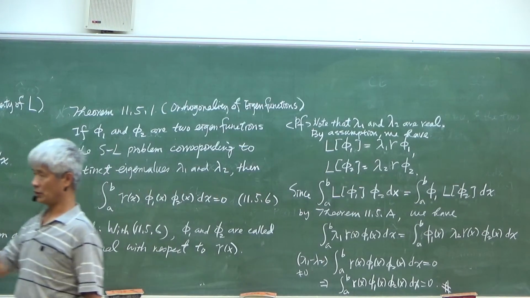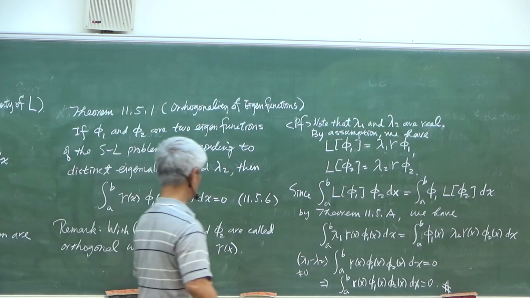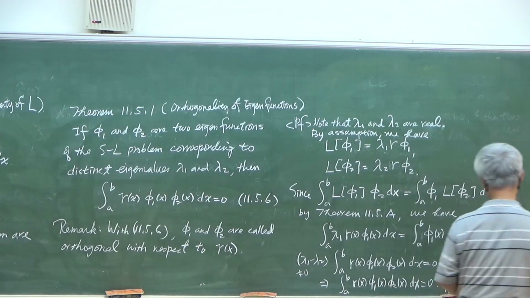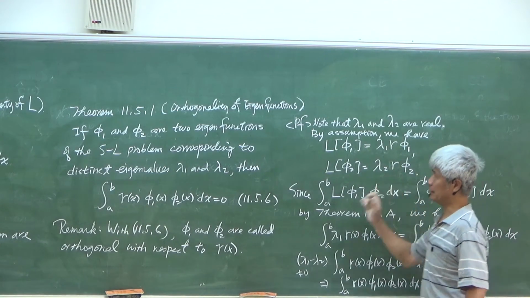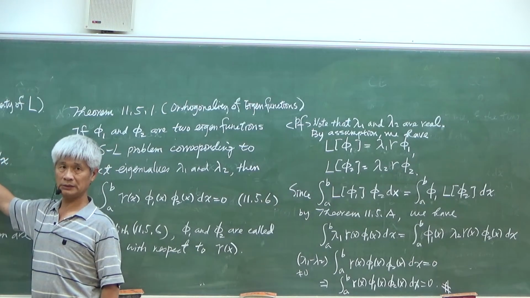If eigenfunctions correspond to distinct eigenvalues, then these two eigenfunctions are orthogonal with respect to r x. And the proof is because we have the self-adjoint property.